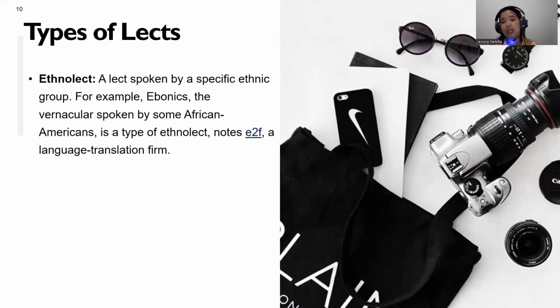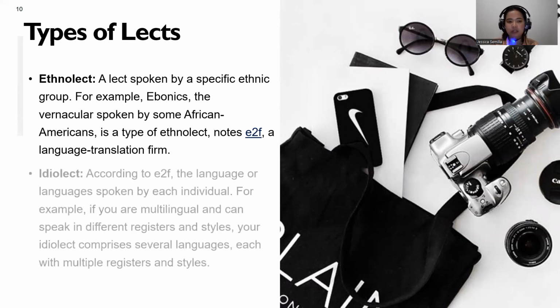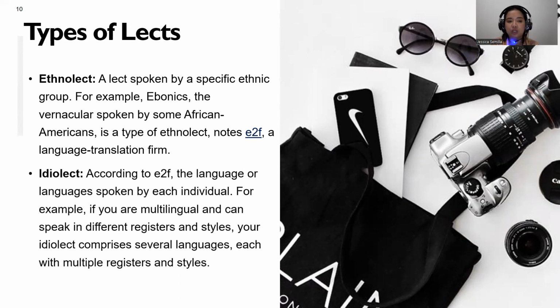We do have also the type known as ethnolect. Ethnolect is basically a type of language or a lect spoken by a specific ethnic group. It is a vernacular spoken by a particular ethnic group, like for example, African American. Okay. So we do have also the idiolect.